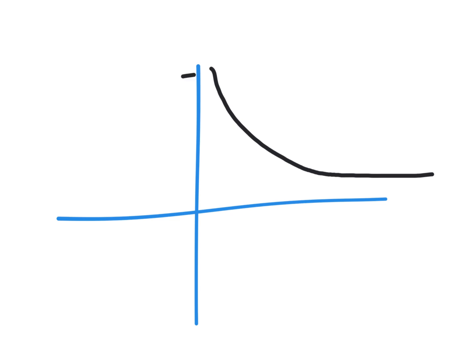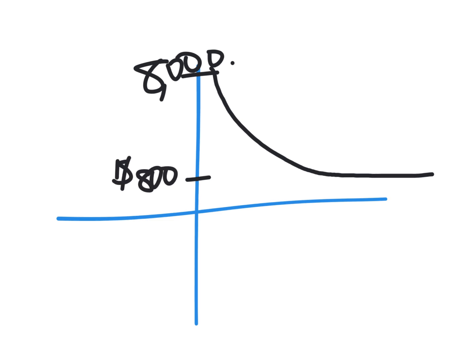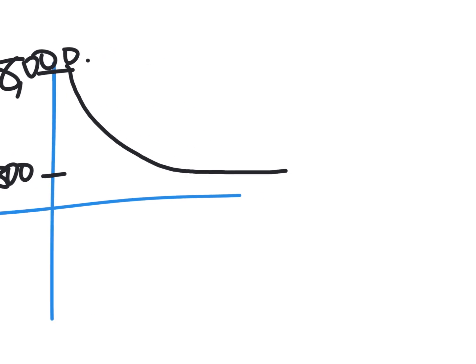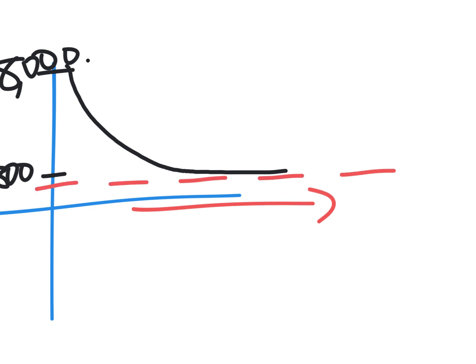It was like $8,000 at the beginning to get the same kind, in fact, not even as good as today's flat screen TVs that are like $800 or less. So they've come way down in price. So the limit is like saying, if I keep going forever, what's it going to level off at? Because that would be like a horizontal asymptote. See what I mean?